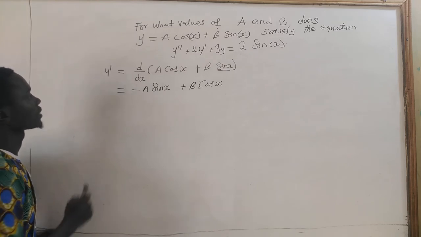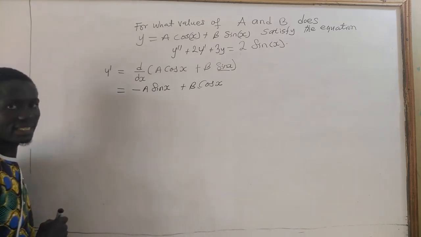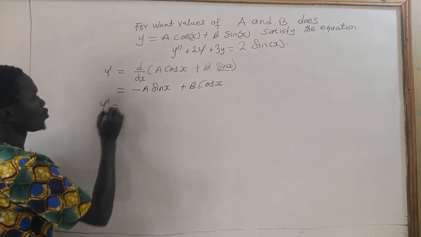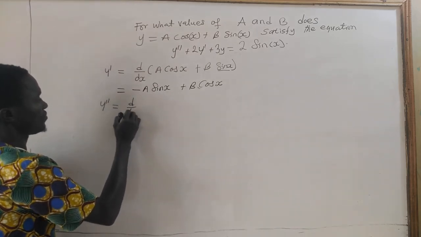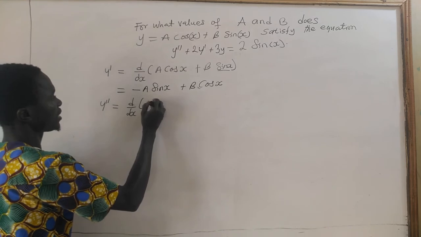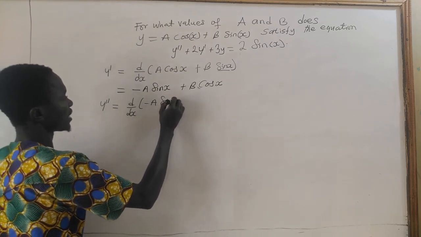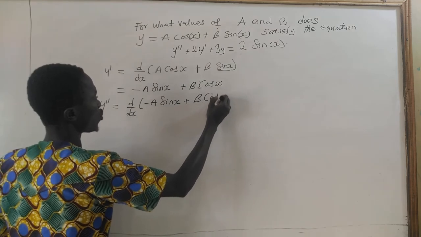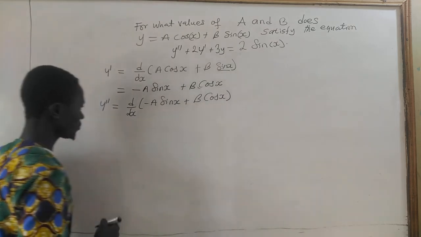Now, what is next? Let us take the second derivative. Y prime prime will be equal to the derivative of minus a sine of x plus b times cosine of x.